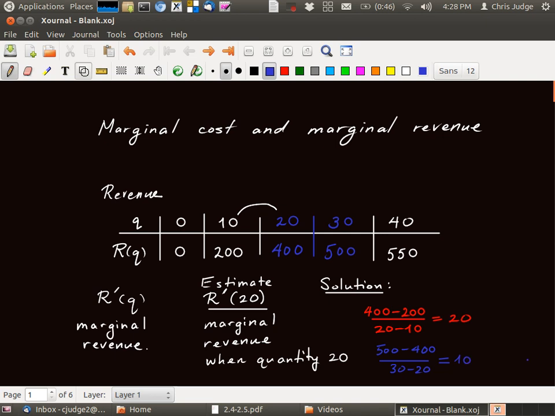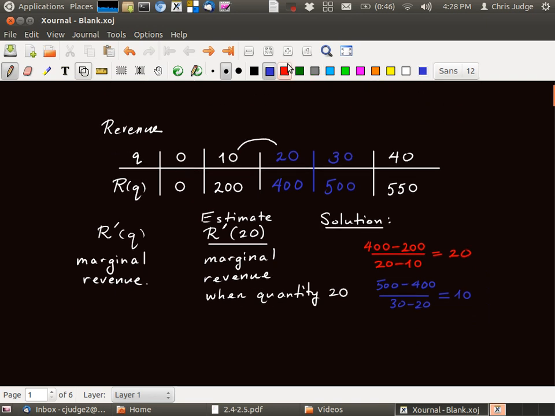Okay, so those are my two estimates, and to get an even better estimate, I average. So let's average those two estimates. On the one hand, I have 20, plus the other estimate, which is 10. I add those together and then divide by 2.